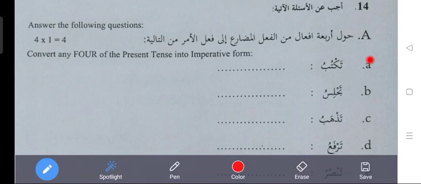The formula is: replace ta with alif, then copy the remaining letters, put jazm on the last letter and see the third letter. If it carries zamma, then give zamma to alif, and if it carries fatha or kasra, then give kasra to alif. It will become uktub.